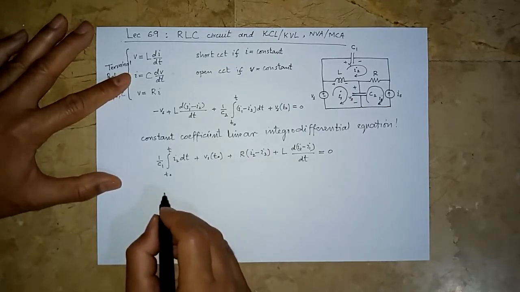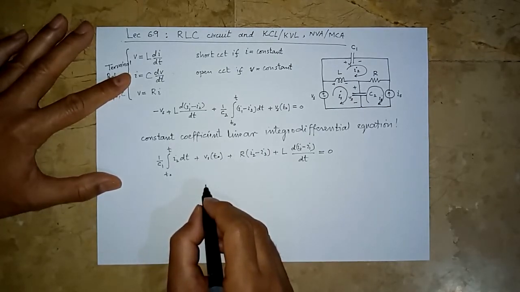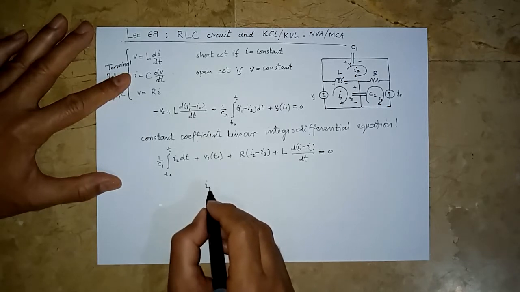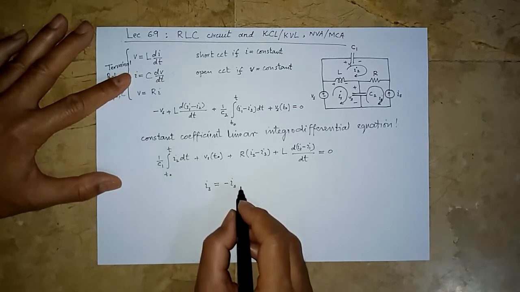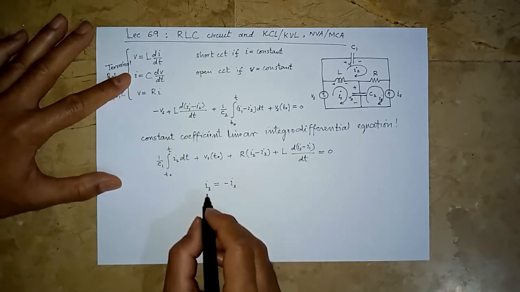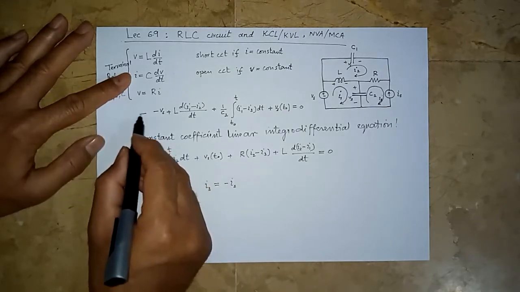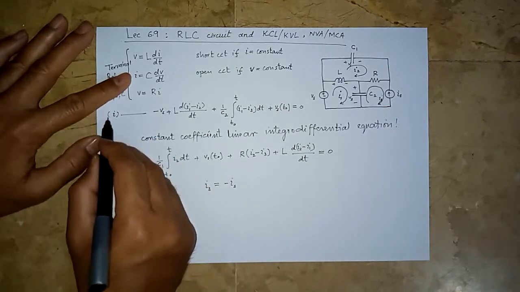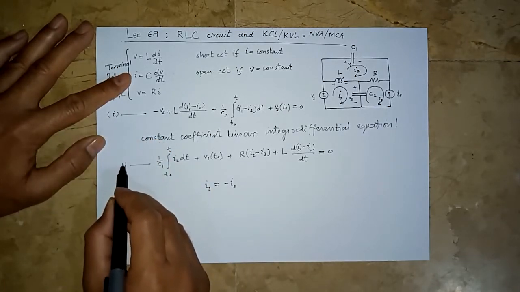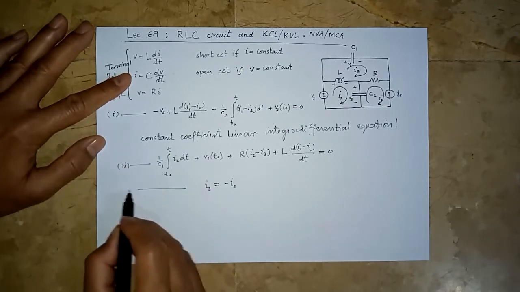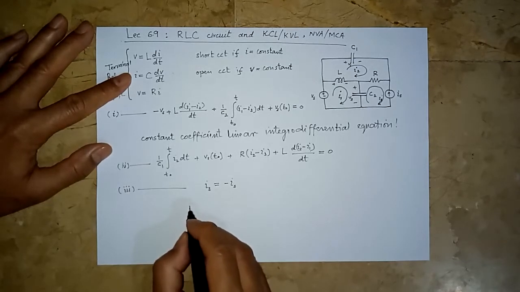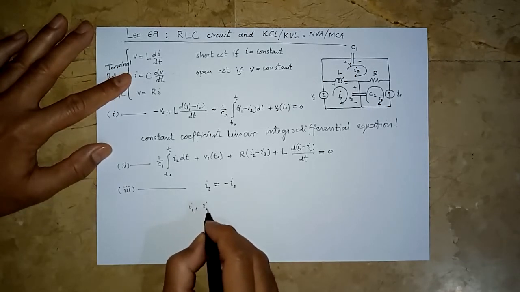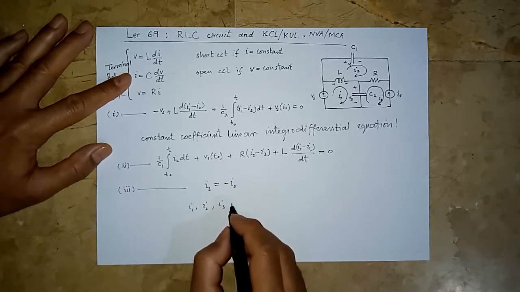And for I3, we don't need to write up an equation because we know that I3 is equal to minus Is. So for a circuit where Is is known, we know I3. So if we are able to solve these three equations, 1, 2, and 3, somehow we can find the values of I1, I2, and I3.